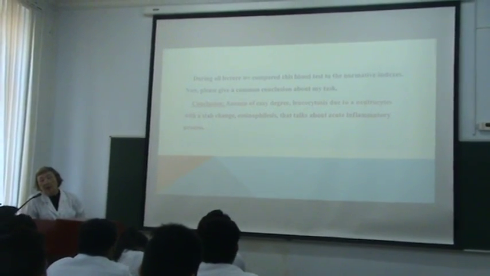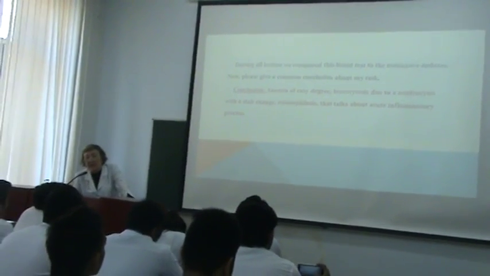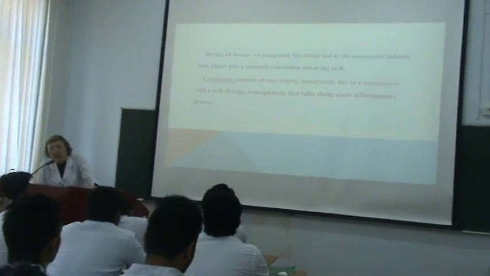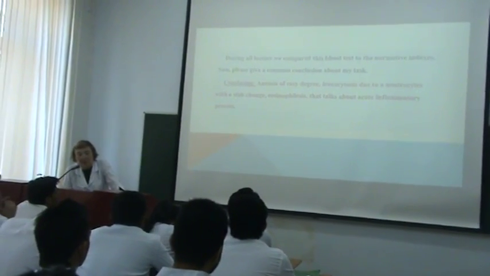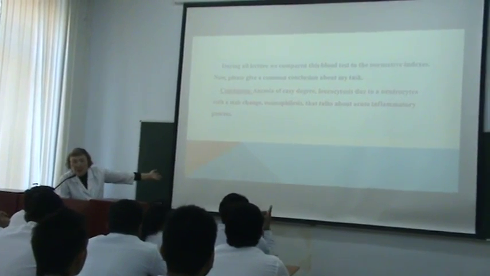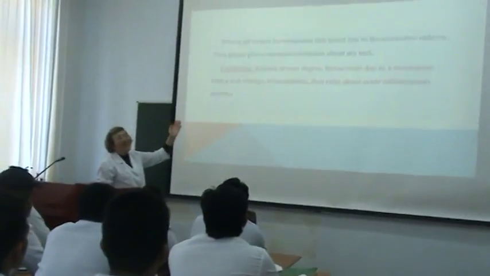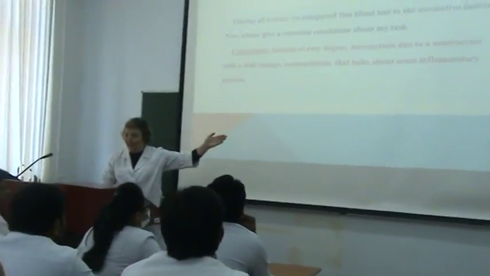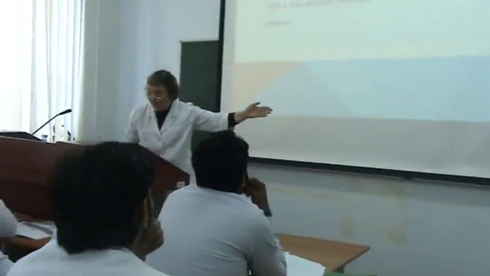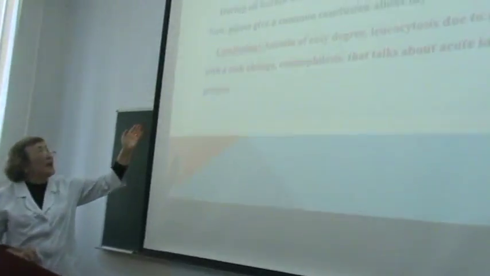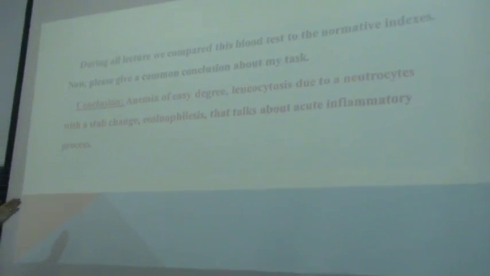During all the lecture we compared this blood test to the normative indexes. Now please give a common conclusion. Common conclusion. Physiological anemia, remember? And leukocytosis with a neutrophil change.